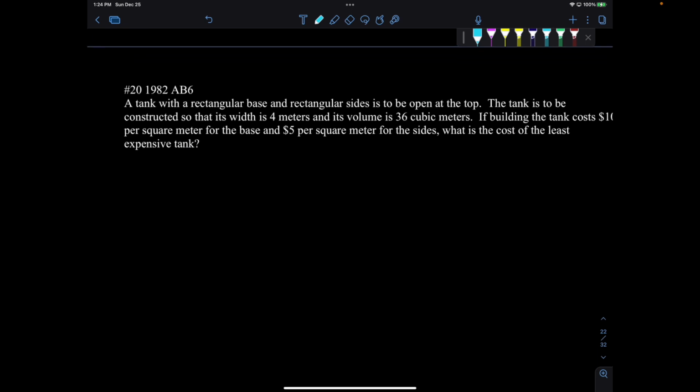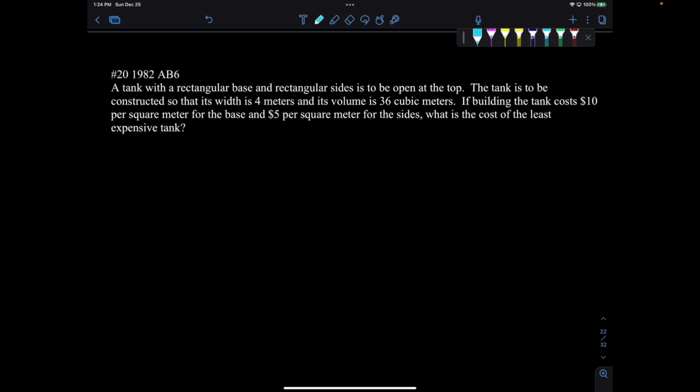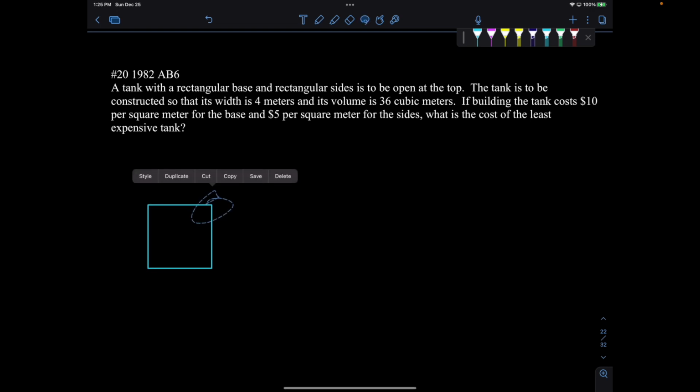All right, number 20. A tank with a rectangular base and rectangular sides is to be open at the top, so no top on this thing. Should I try to draw that? Yes. I can, like, this will make a rectangle if I don't mess up. There we go. Whew. And then I can duplicate it and move it a little bit.